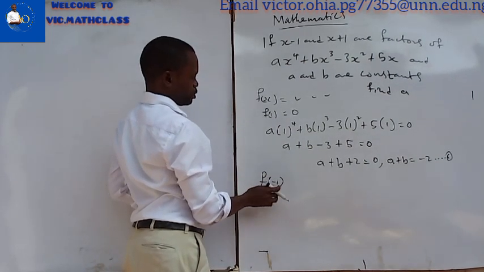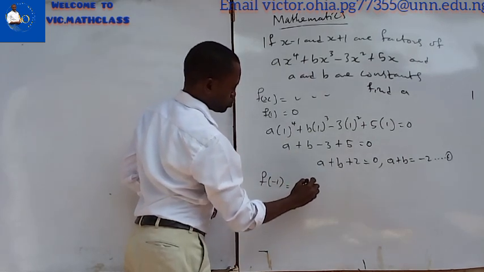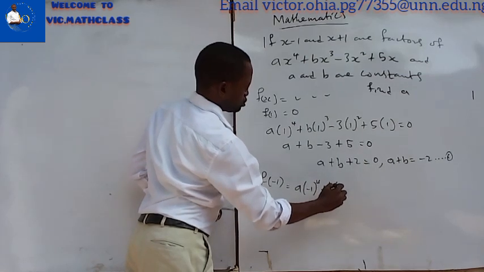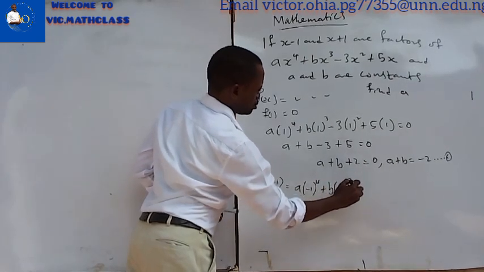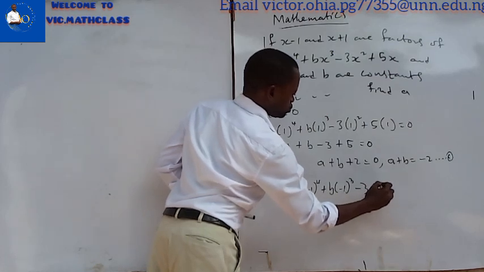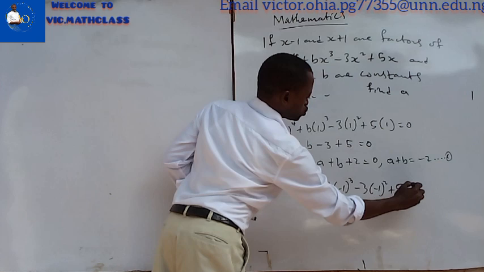So f of minus 1 here, I will have a in bracket minus 1 raised to power 4 plus b in bracket minus 1 raised to power 3 minus 3 in bracket minus 1 squared plus 5 in bracket minus 1 equals 0.